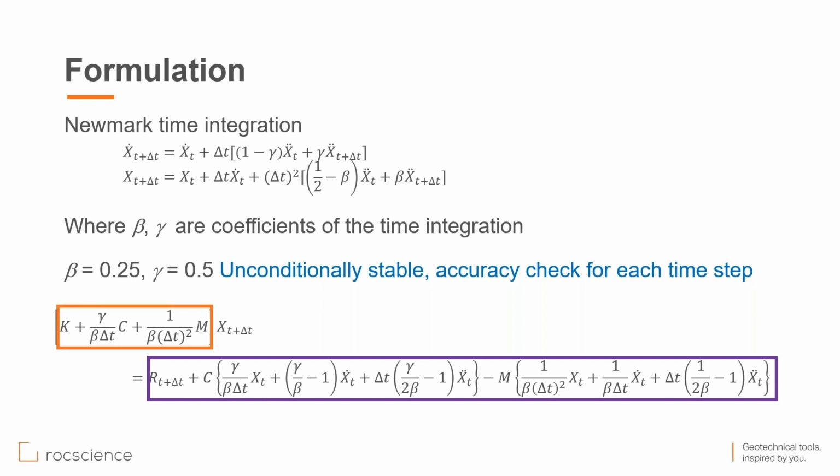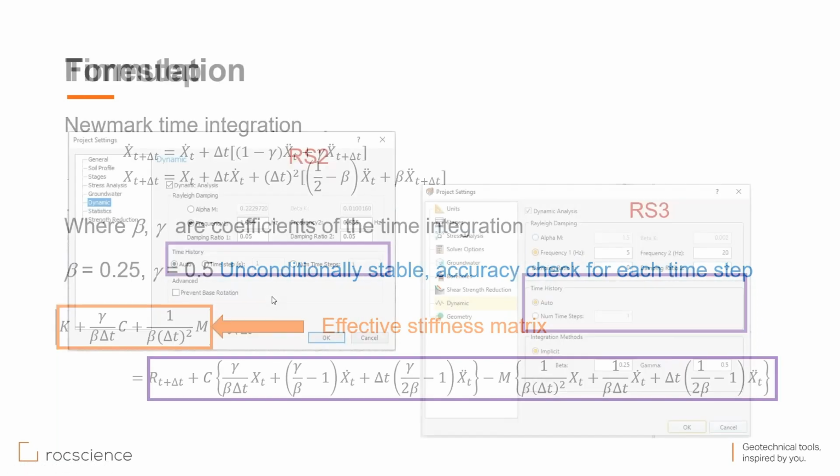And the left-hand side matrix, we call it the effective stiffness matrix. And this matrix will be updated for every time step that changes because it's related to the delta T right here. And it also needs to be updated if the material is plastic or we use the tangential stiffness.